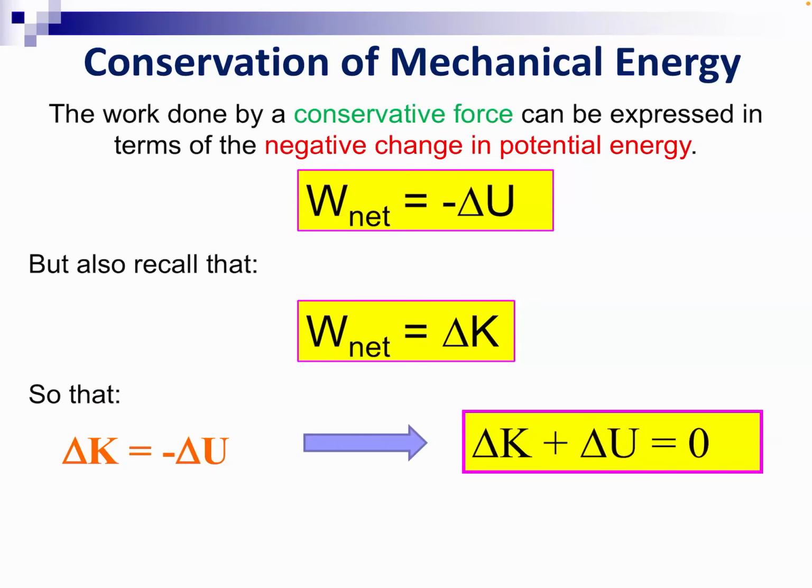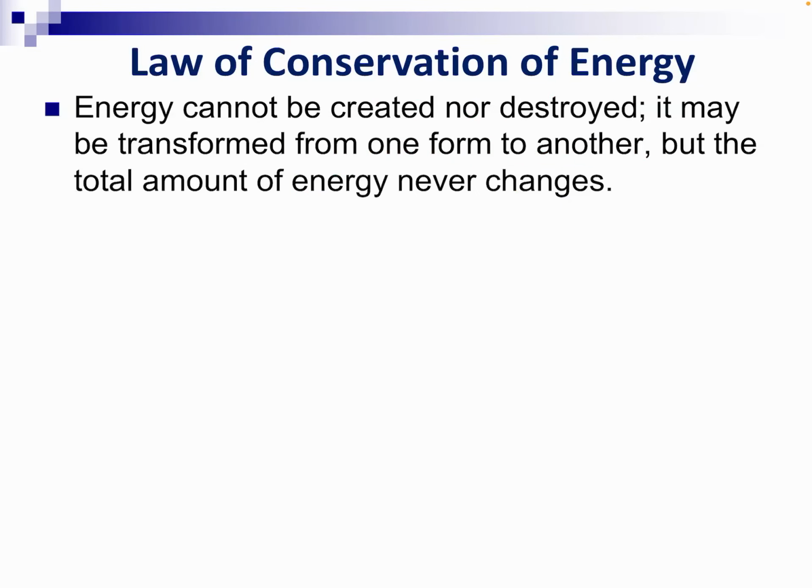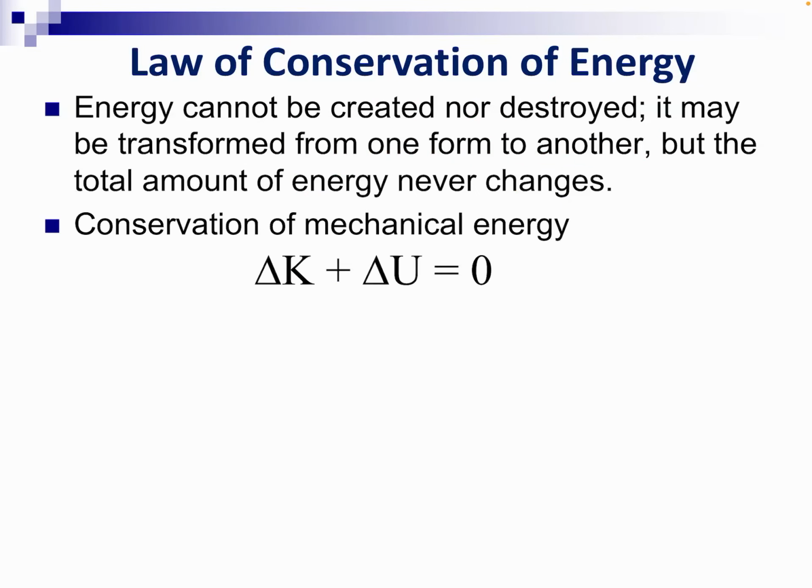I just rearranged this equation into a form where the right-hand side is equal to 0. I rearranged it this way because it's the common form for what we call the law of conservation of energy. The law of conservation of energy says that energy cannot be created or destroyed. It's just transformed from one form to another.